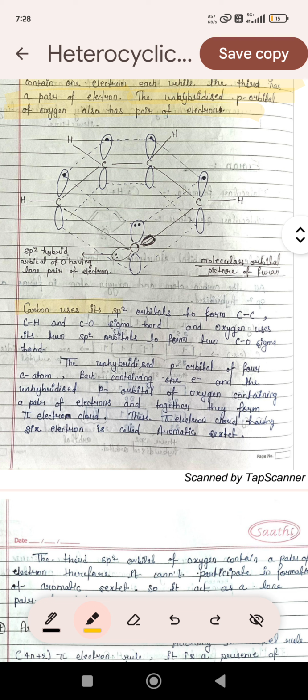The carbon uses its sp2 orbitals to form carbon-carbon, carbon-hydrogen, and carbon-oxygen sigma bonds, and oxygen uses its 2 sp2 orbitals to form 2 carbon-oxygen sigma bonds.